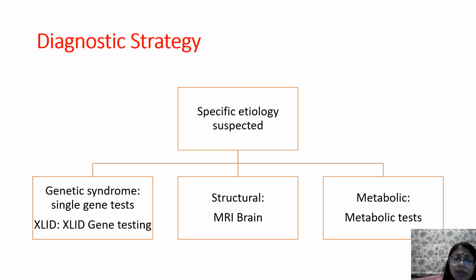But if we are suspecting a structural defect, like a child with microcephaly who has a clinical phenotype of Miller-Dieker, we might go in for MRI brain. And if it is a metabolic suspicion, we do the metabolic workup. For example, he may be having abnormal urine odor, sweat odor or a waxing waning course. Then we do a metabolic workup.